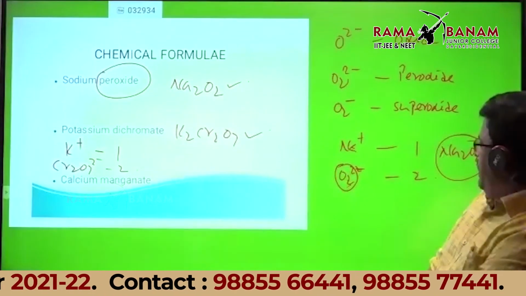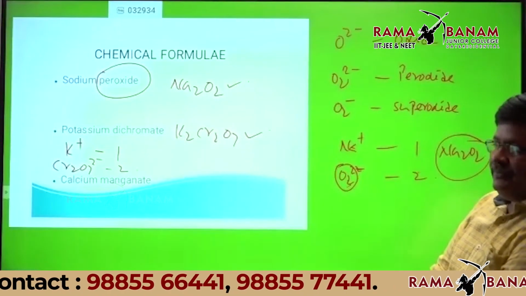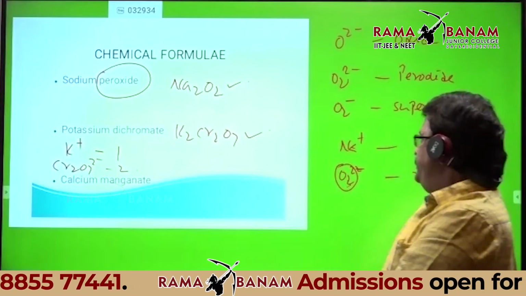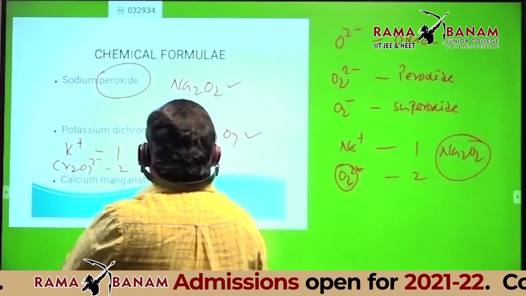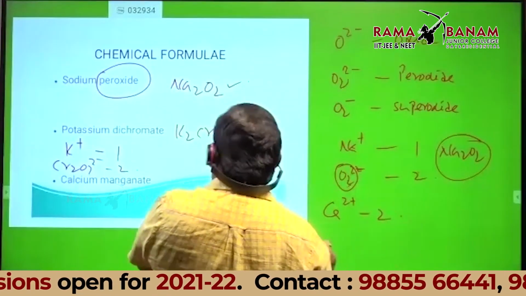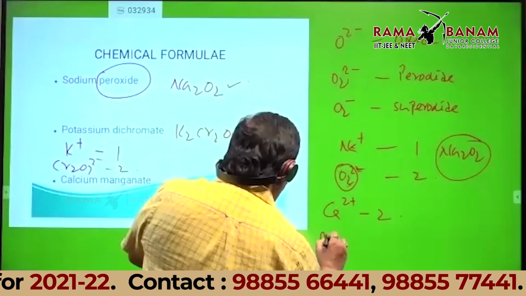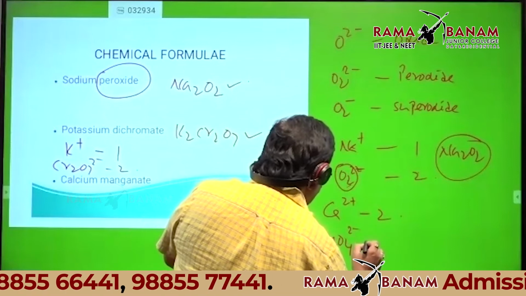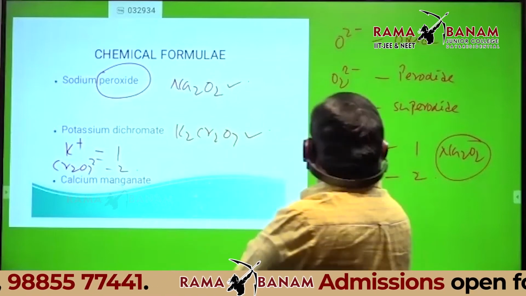Can anyone tell calcium manganate? CaMnO4. Calcium is Ca2 plus. Can anyone tell the formula of manganate? MnO4 2 minus.